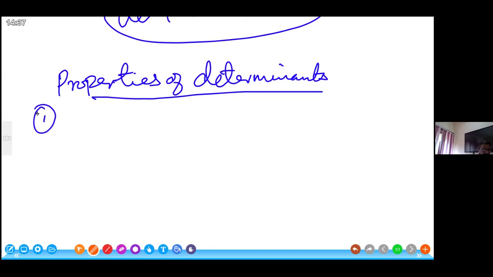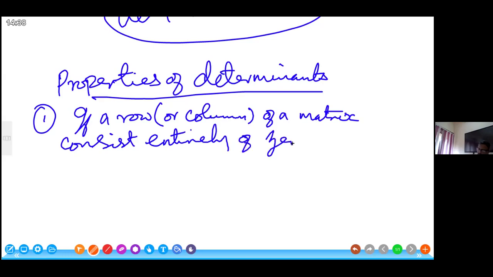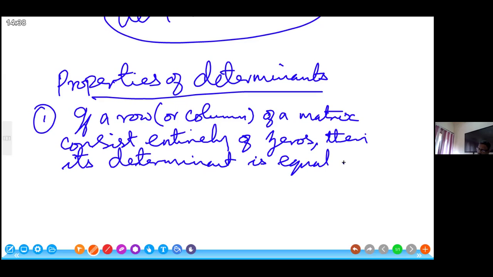First one: if a row, this applies to the column also, or column of a matrix consists entirely of zeros, then its determinant is equal to 0.